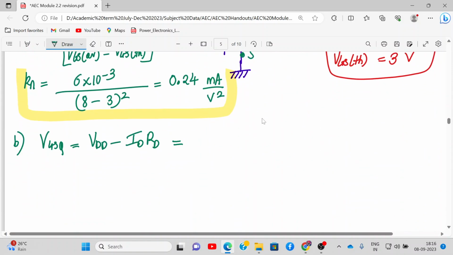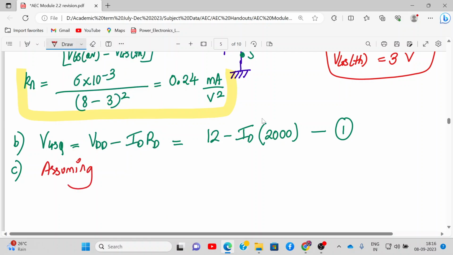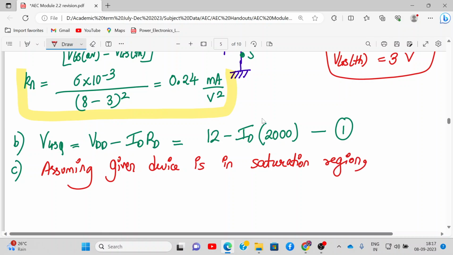So calculate this. This will be 12 minus ID times 2000. RD is 2000. This we call equation number 1. Then we write a statement that, assuming the given device is in the saturation region, hence we can write IDQ as Kn times (VGS minus VTN) the whole square.